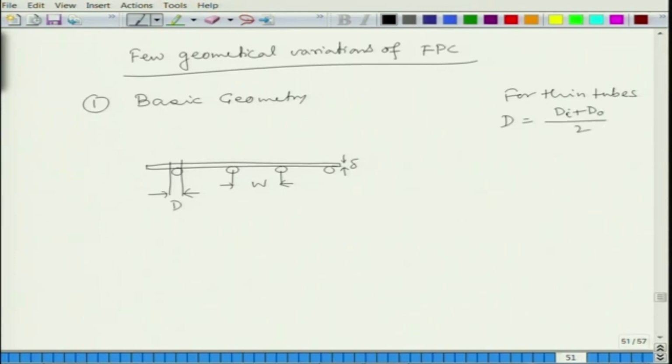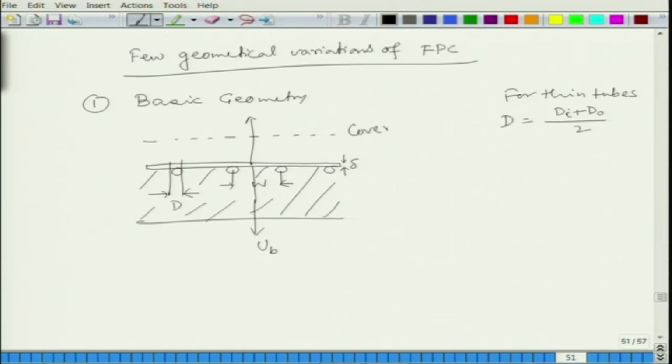So, that value is our D, and this bottom portion is completely insulated, and we still have certain loss from the bottom, and we have a cover system here placed on it. This is the cover, and through it we have an effective top loss coefficient UT.